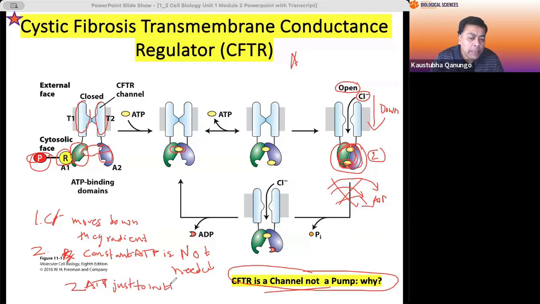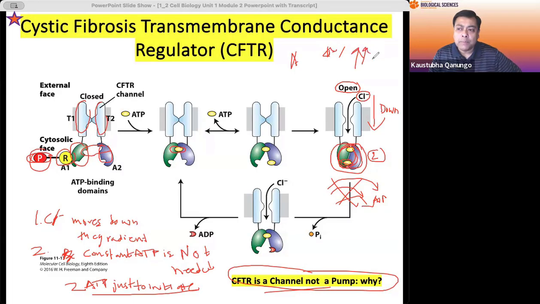So once you initiate the channel or open the channel, it will remain open unless this signal is gone. So that is the difference from the pump. When you saw the sodium-potassium pump, for each 3 sodium that you transport out and 2 potassium that you bring in, each cycle will require an ATP hydrolysis. Here it is not each cycle.